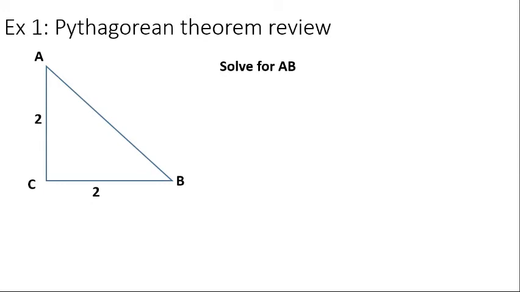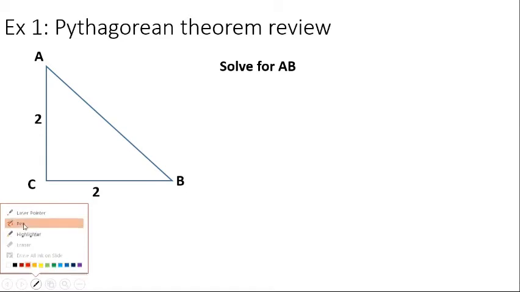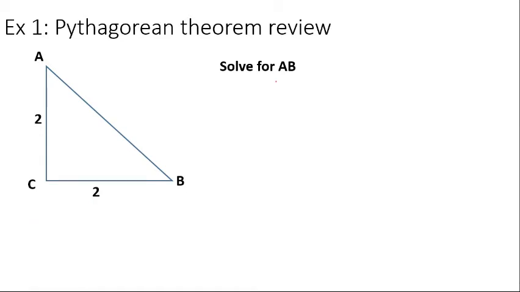So in example 1, we want to solve for side AB. If I use the Pythagorean theorem right here, this Pythagorean theorem is a squared plus b squared equals c squared.